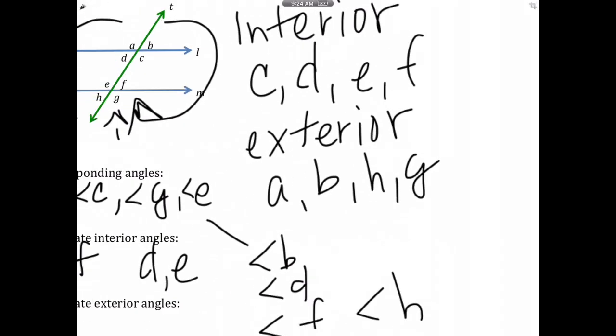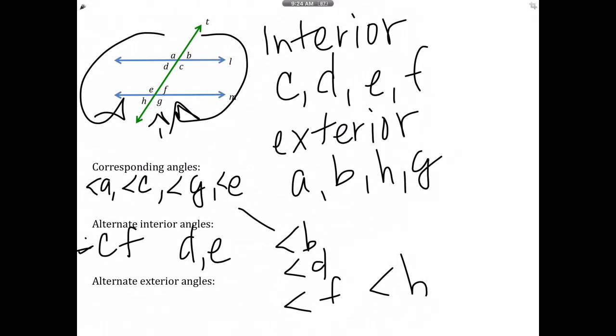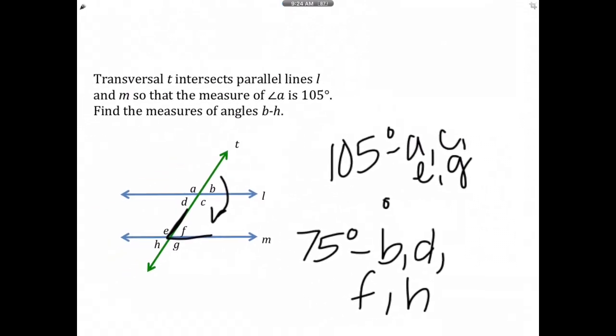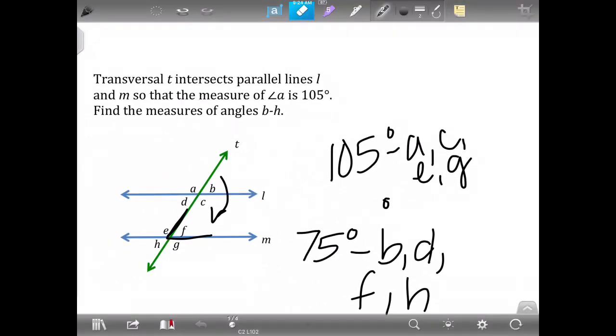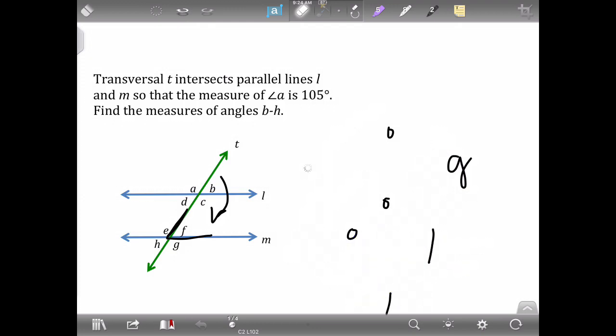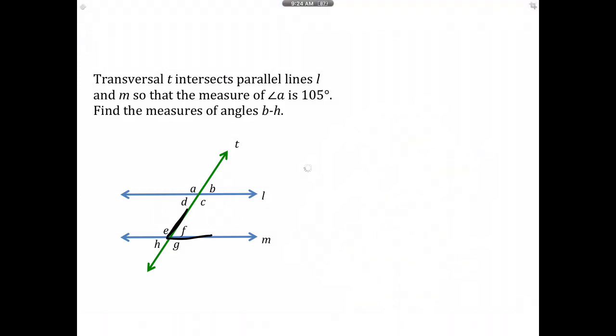So just remember, when you go to do the transversals, you only need one measure, and then you can figure it out by straight lines. A straight line has 180 degrees. On this one, we found out that A was 105 degrees, because this is mostly what you're going to practice, figuring out the degrees.